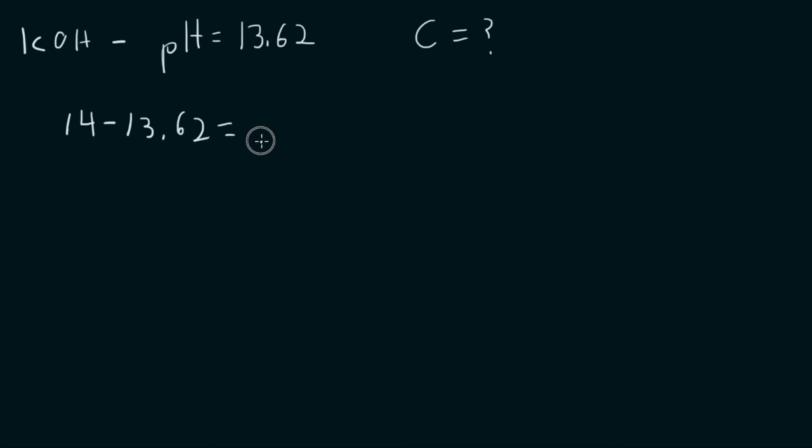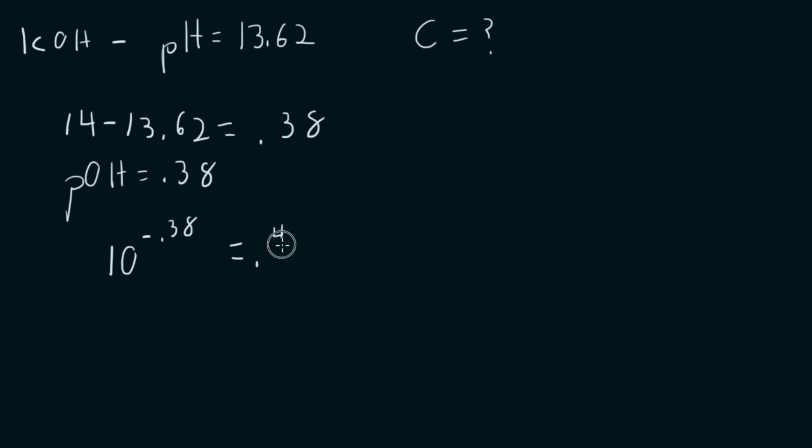That'll give me a pOH of 0.38. So now I've got the pOH of 0.38, and I need to go from that to my concentration. In order to do that, I'm going to take 10 to the negative 0.38 power. That'll give me a concentration of 0.417.